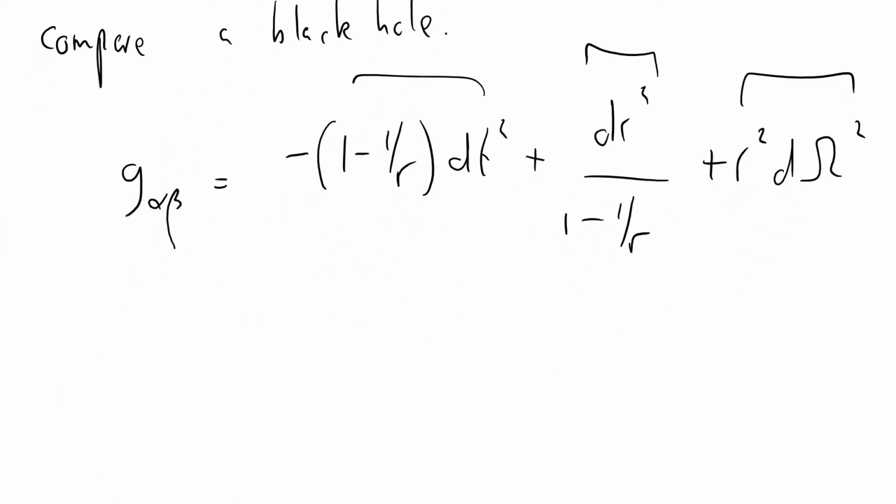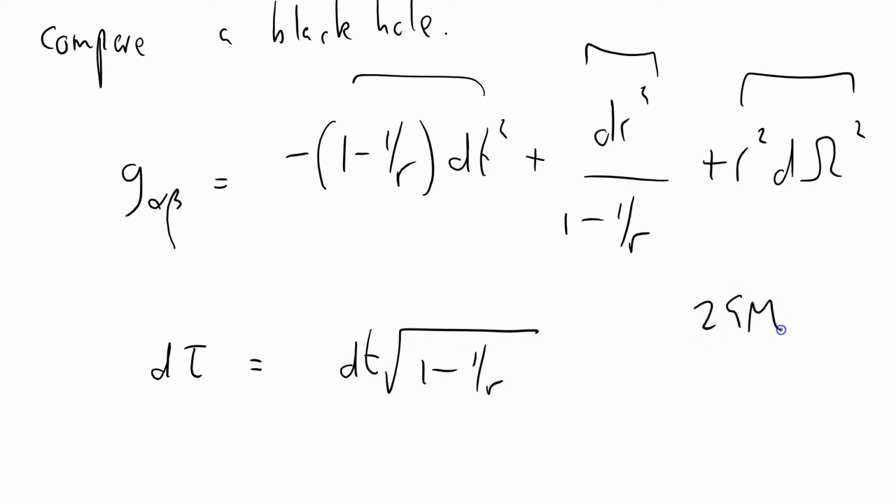So that tells me that in the same situation, d tau equals dt times the square root of 1 minus 1 over r. Here I'm using units in which 2GM equals 1.